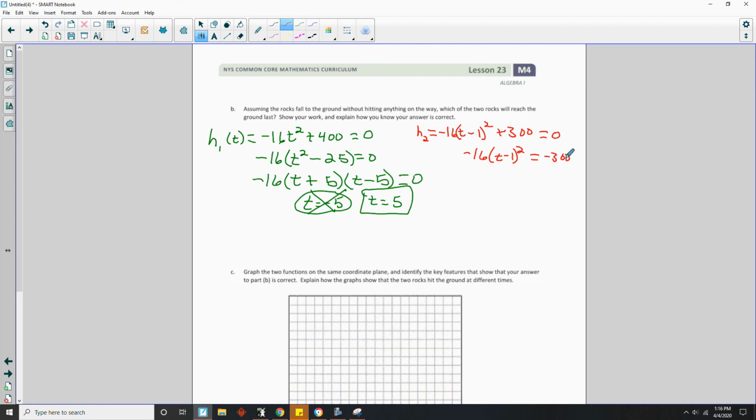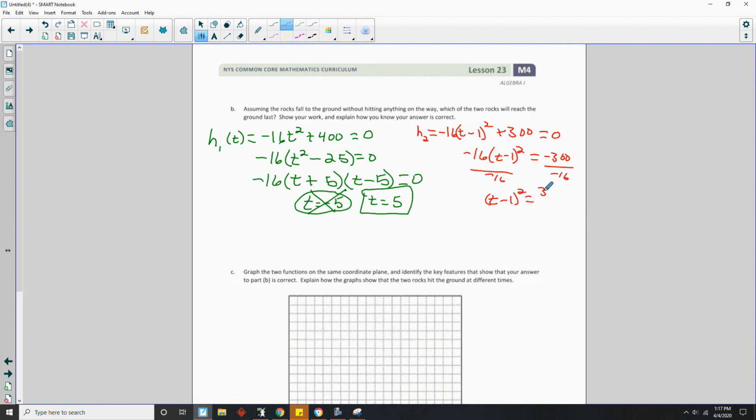Okay, so now I'm going to divide by negative 16 both sides. So I get t minus 1 squared equals 300 over 16, because a negative divided by a negative is positive.